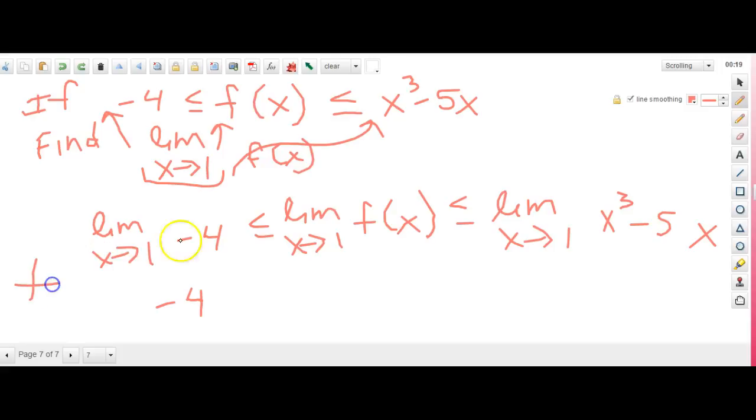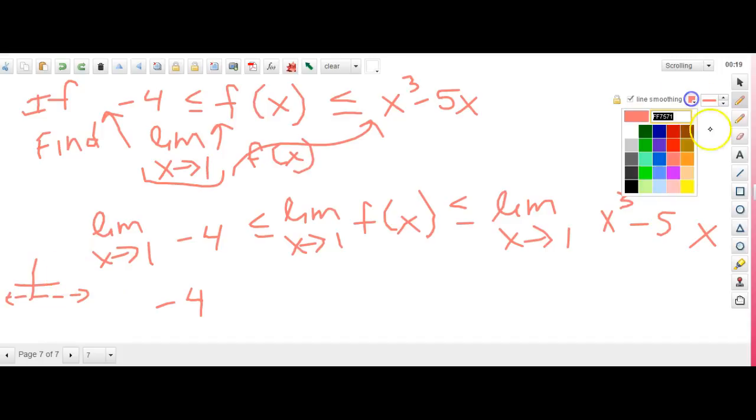Graphically, though, it makes sense. The number -4 as a graph is just the line here down at -4. So anywhere as you approach from the left or the right, trying to do x equals 1, still going to stay at -4. So limit is -4.